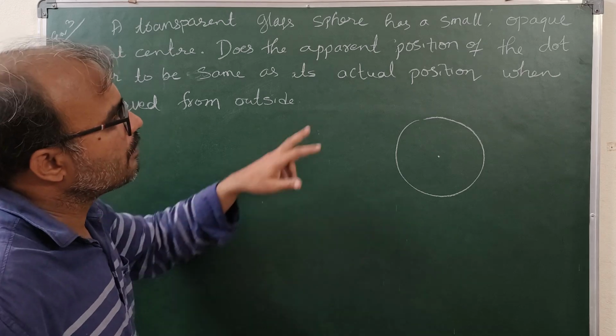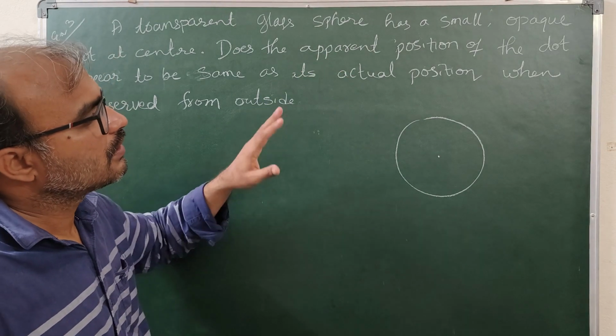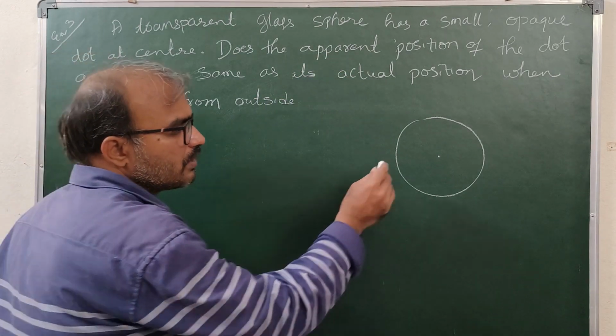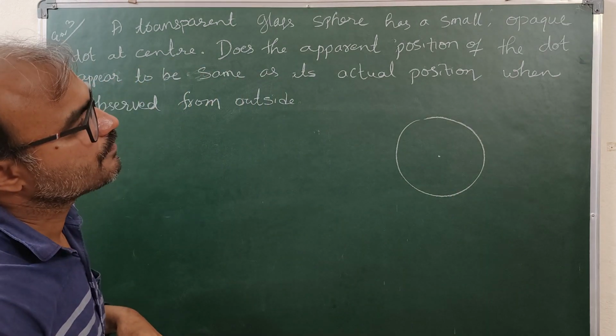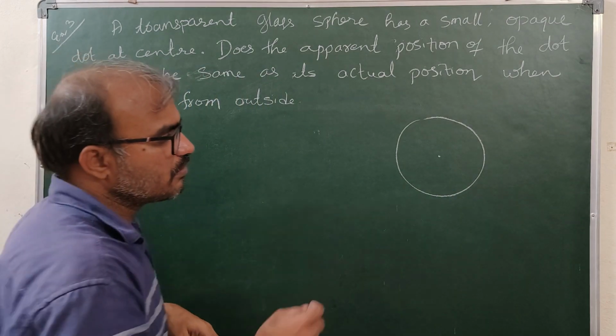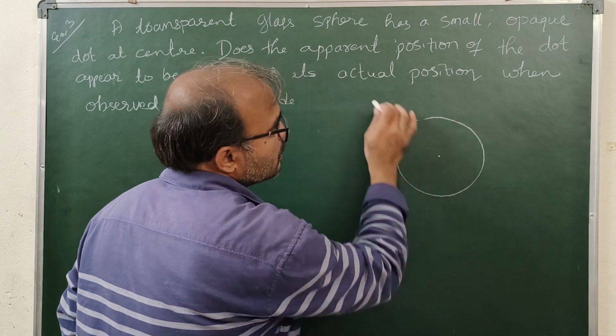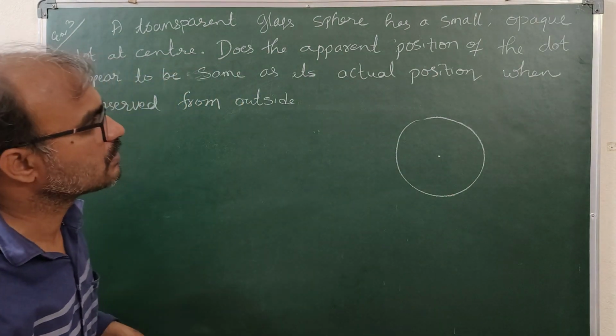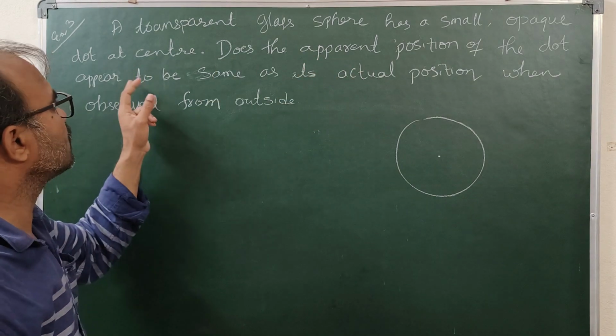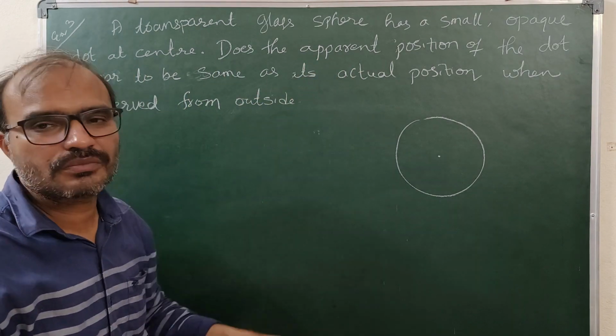Apparent position means image. Will the image be formed at the object itself or at some other place? If the image is also formed at the object itself, the apparent position of the dot will be the same as the actual position.